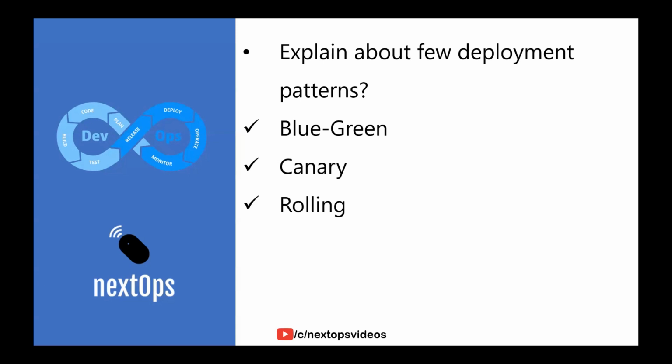So when the new version is going to be released, they have to do it carefully. If they do it without proper testing or proper planning, it will impact the existing application, which leads to business interruption.